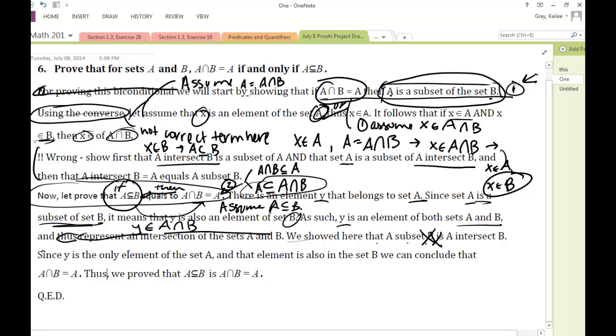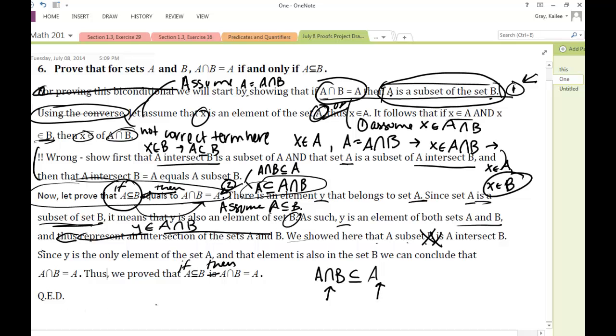Let's see, so we need one more piece here. We need to also prove that A intersect B is a subset of A. So the way you're going to do that is take an element here and show it also has to live in here.